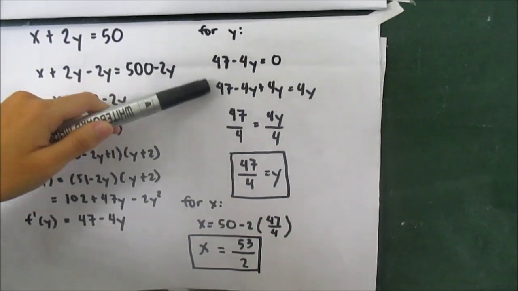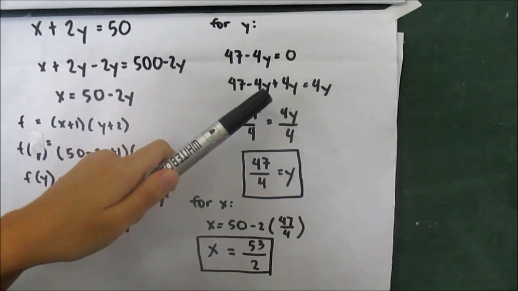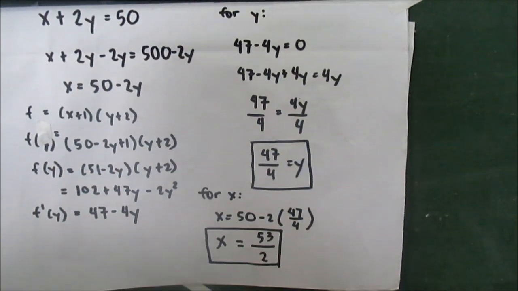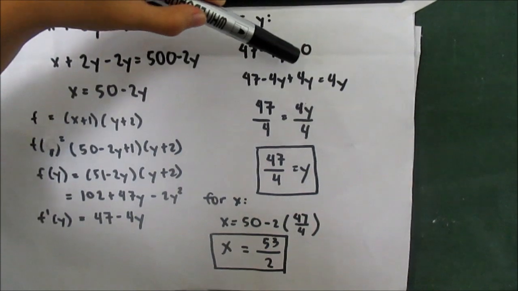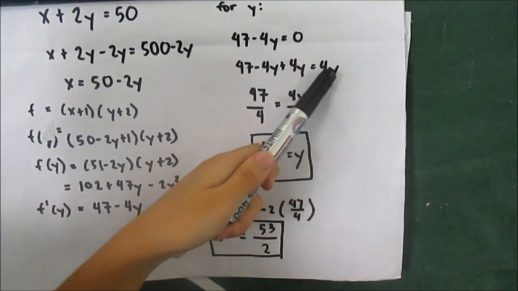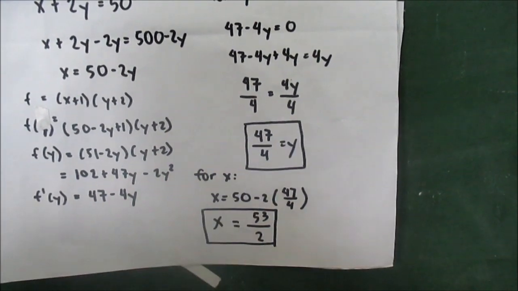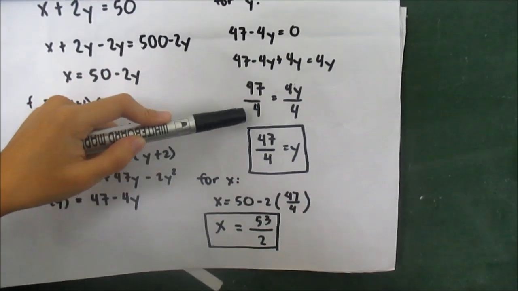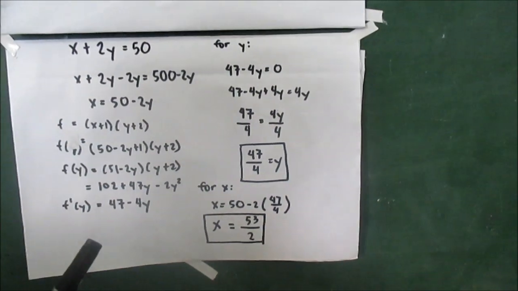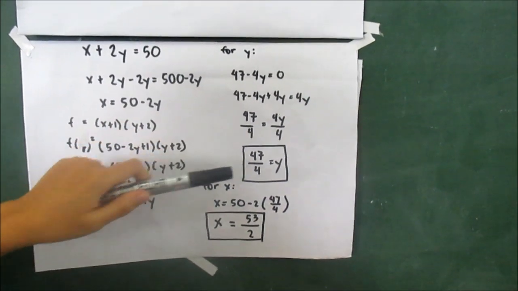Then we will add 4y to each side. 47 minus 4y plus 4y is equal to 4y. Then this is equal to 0, so 47 equals 4y. After that, we will divide each term by 4. So 47 divided by 4, then 4y divided by 4 is y. So our y is 47 over 4.